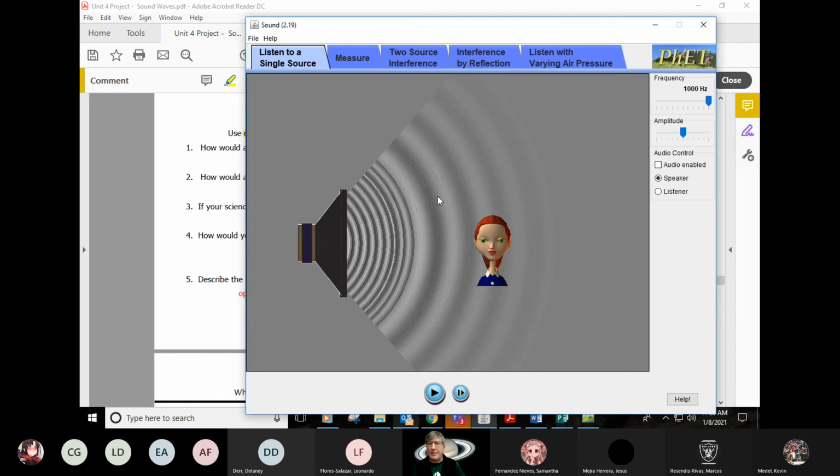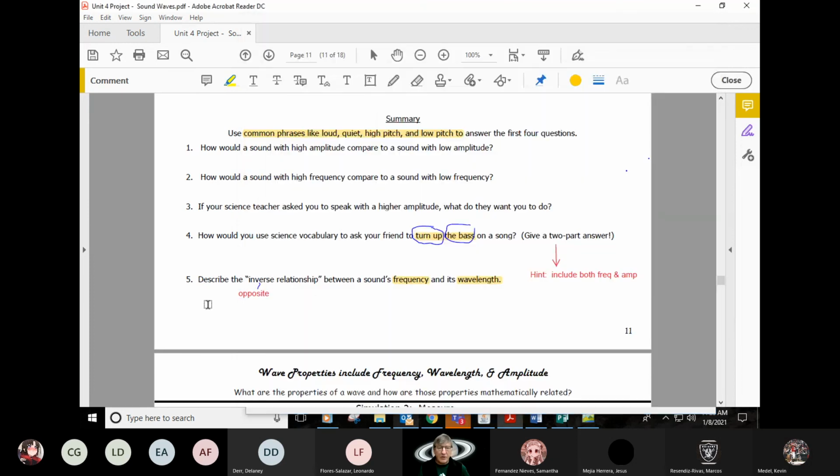The opposite thing is happening. The bigger the frequency, the smaller the wave. The bigger the wave, the smaller the frequency. That's what we're talking about by this inverse relationship between a sound's frequency and its wavelength.